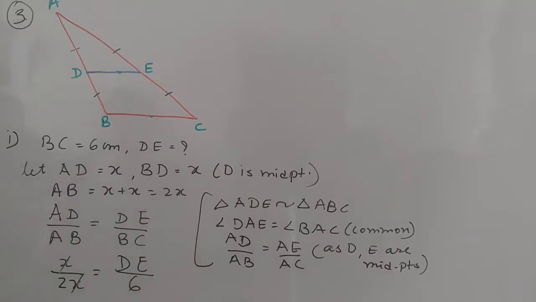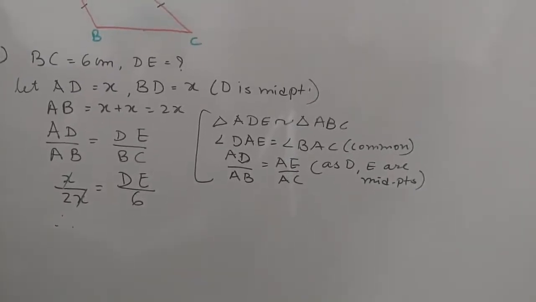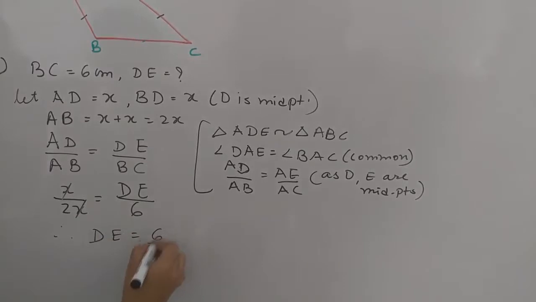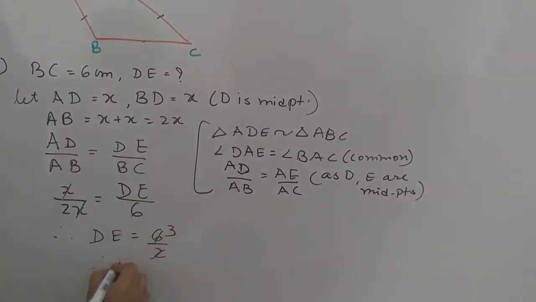So x and x cut here, 6 will go this side and we write here DE is equal to 6/2, and that will be 3 centimeters. So the DE value is equal to 3 centimeters, which they asked us to get here.